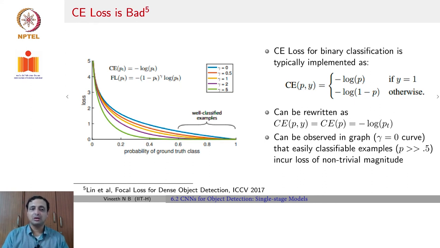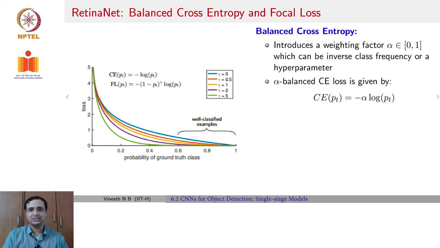So what RetinaNet with focal loss proposes is, one, you could do a balanced cross entropy where the minus log pt, the log loss, is weighted by some quantity alpha, and alpha can be given as some inverse class frequency. That's one way to do this.